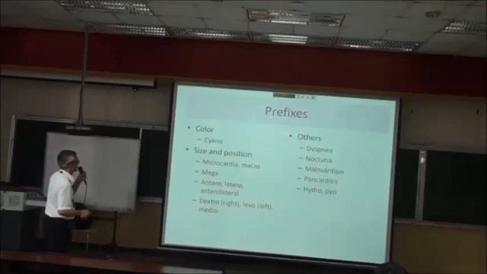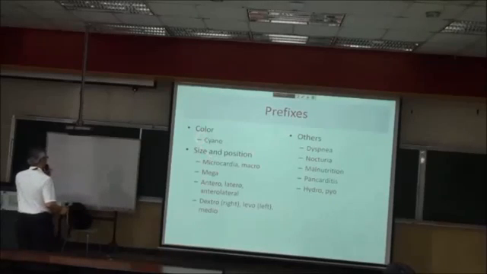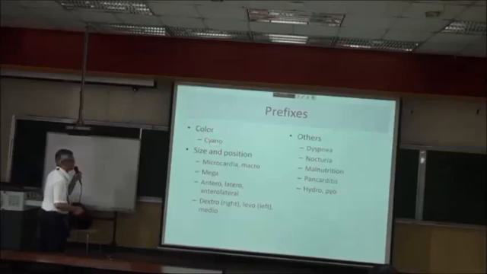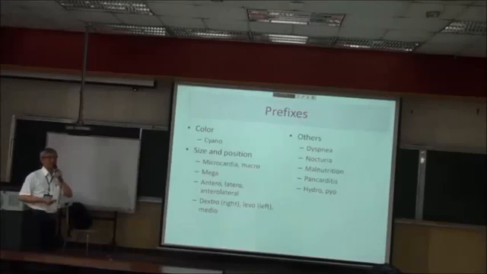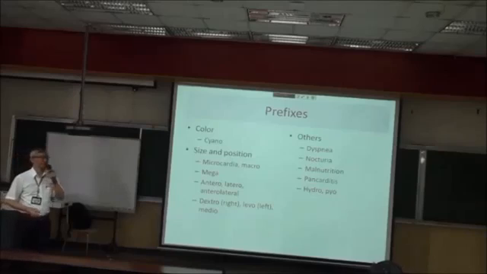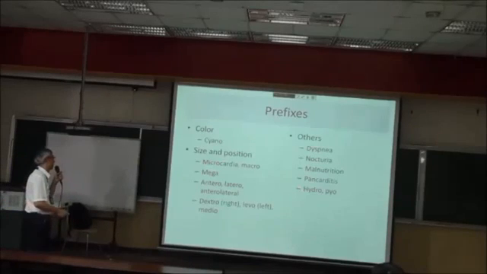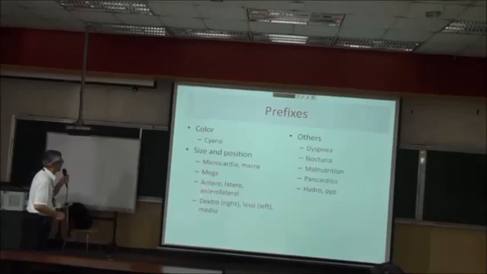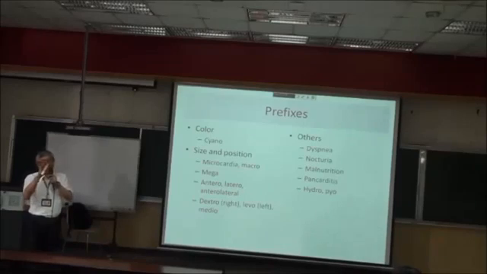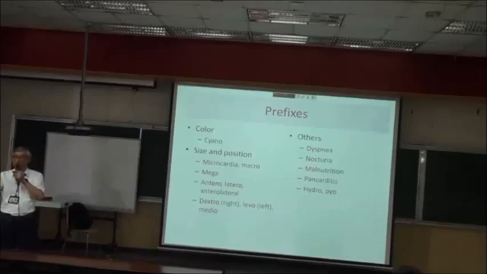The previous doctor already taught you about the colors, cyanosis, blue, and black, micro, tiny, micro and macro, mega, anterior or lateral. Combined together it is anterolateral. The semi-anterior, semi-lateral, the anterolateral.